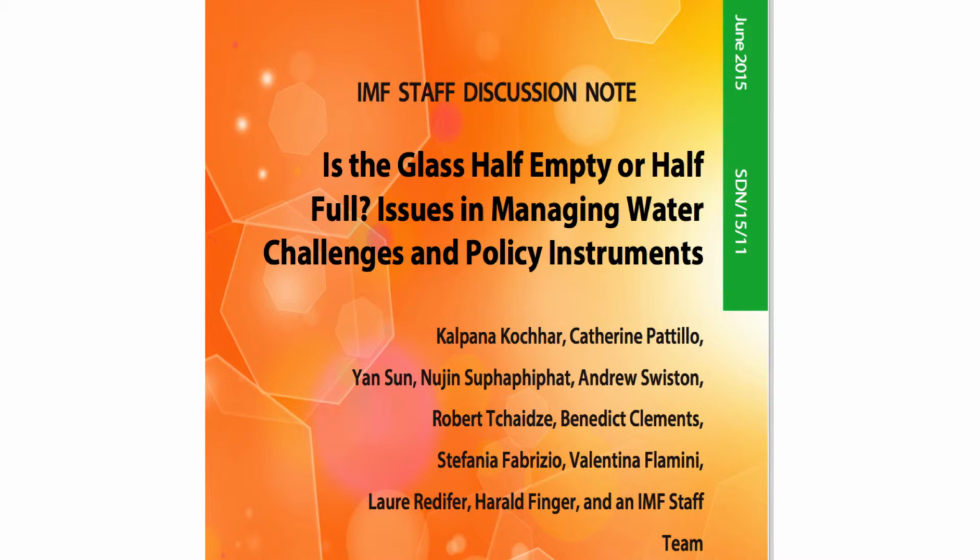In this new IMF report from 2015, the authors estimate that in 2012, $456 billion were spent subsidizing water utilities. That is about $65 per capita per year for everyone on the planet. This amounted to about 0.6% of global GDP.